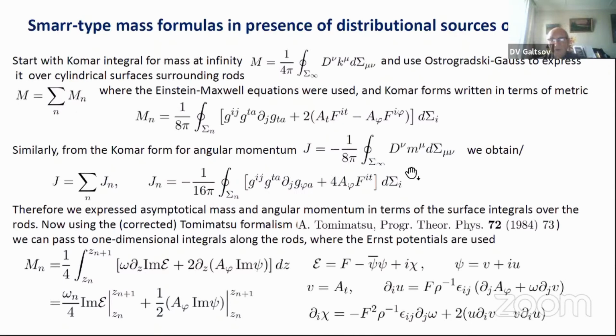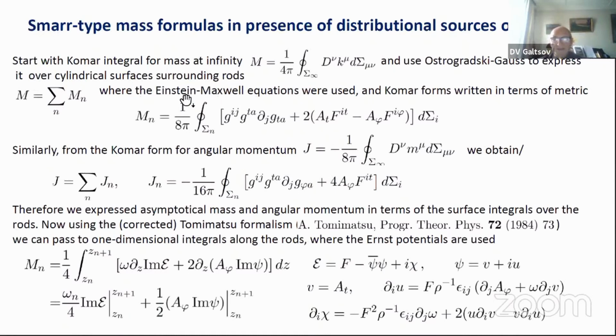Similarly, for angular momentum, taking the Killing vector m here. Now, essentially useful here is the Tomimatsu formalism. Tomimatsu was able to express these two-dimensional quantities through one-dimensional ones over the axis. And very useful are the Ernst potentials.